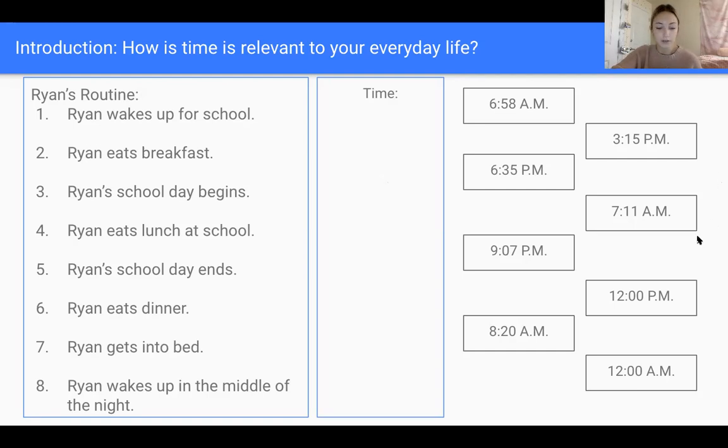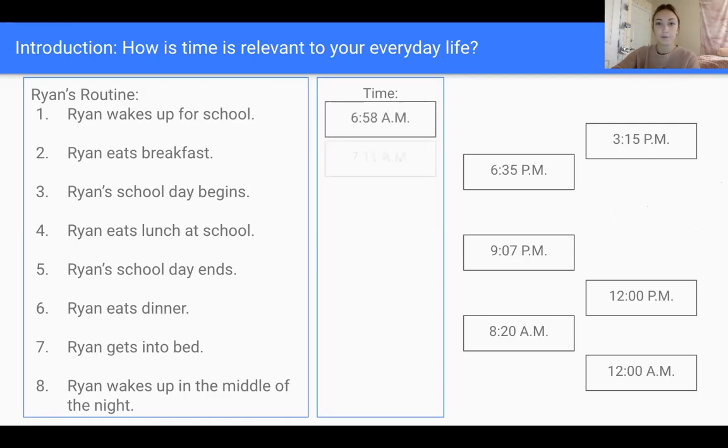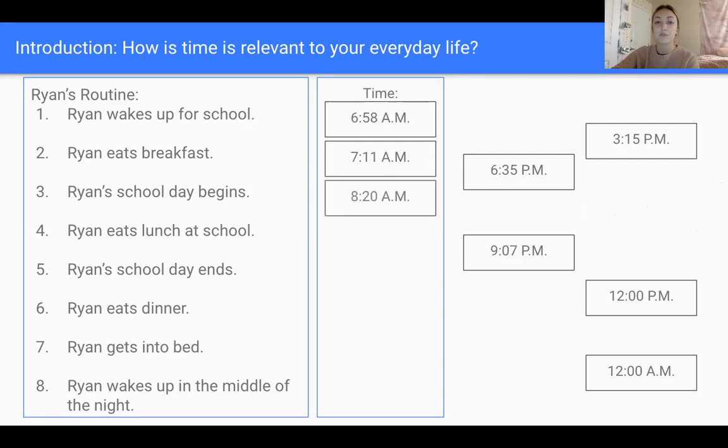So now that you've completed the activity, let's check our answers. For when Ryan wakes up for school, you should have 6:58 a.m. For number 2, Ryan eats breakfast, you should have 7:11 a.m. For Ryan's school day begins, you should have 8:20 a.m. Ryan eats lunch at 12 p.m. because that's the afternoon.